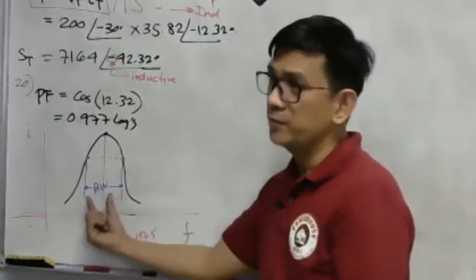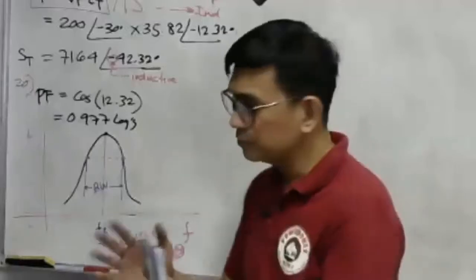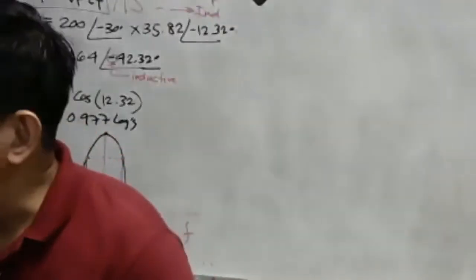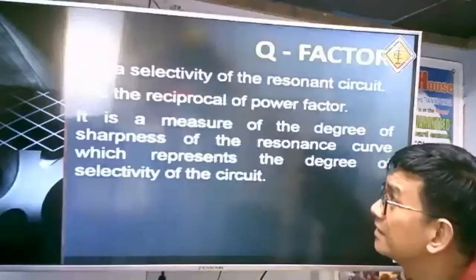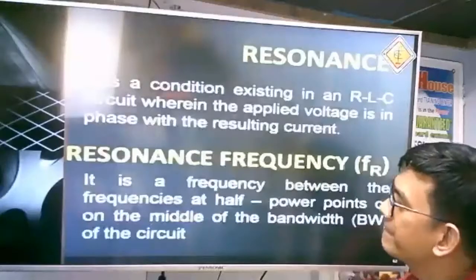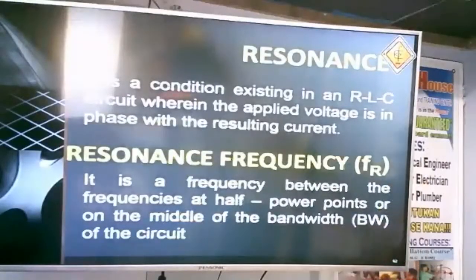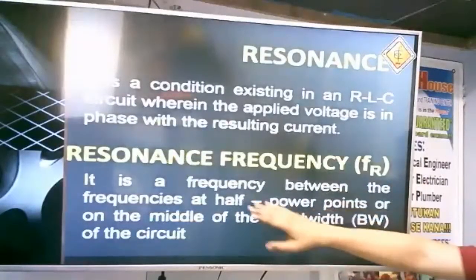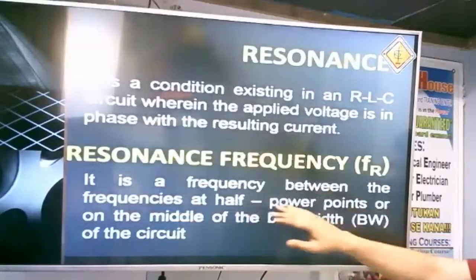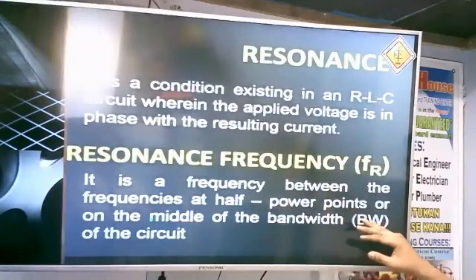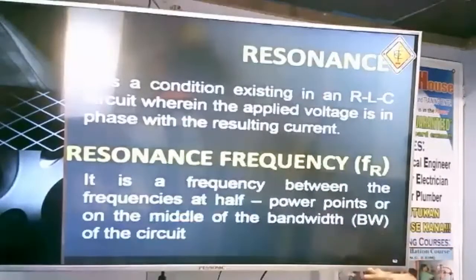So this is a bandwidth. What is a bandwidth? We have here the resonant frequency. It's the frequency between the frequencies of the half power points, or the middle of the bandwidth.